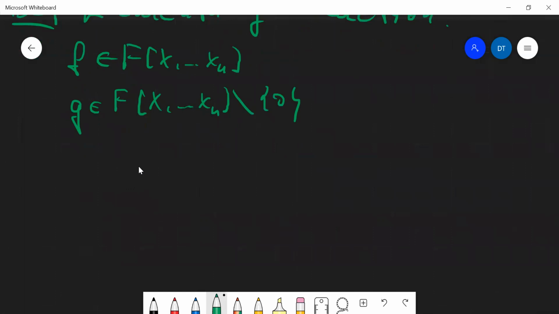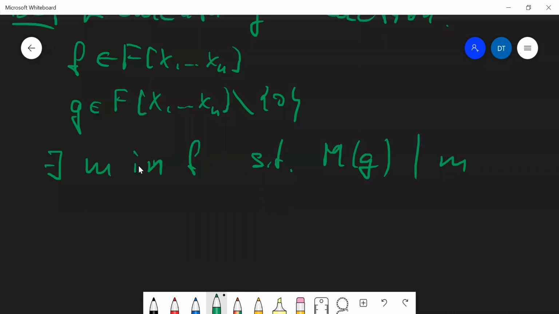So now suppose there is a monomial m in f divisible by the leading monomial of g, such that the leading monomial of g divides m.